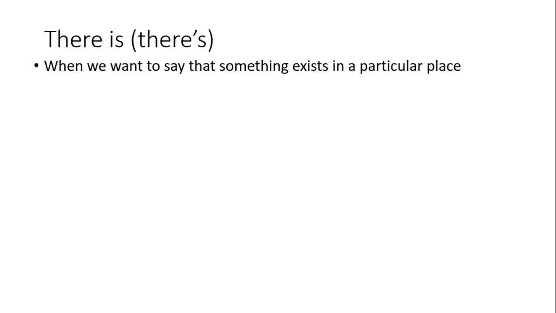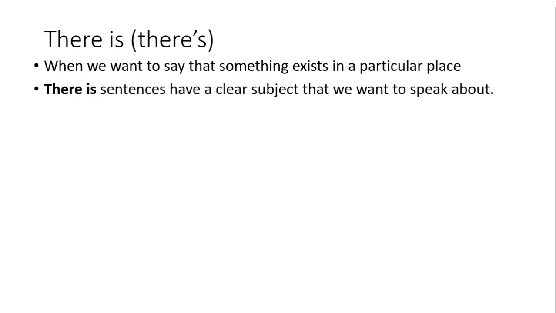When will we use there is? As I have mentioned already in the previous video, we use there is when we want to say that something exists in a particular place. In there is sentences we put the subject after the verb, and there is sentences have a clear subject that we want to speak about.